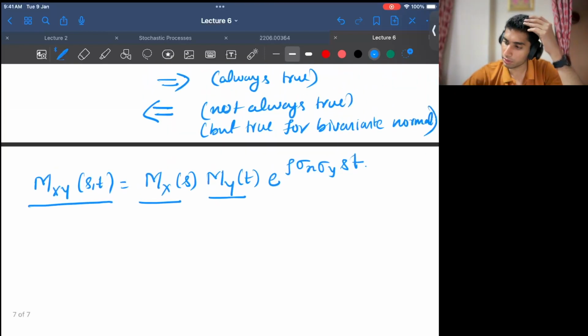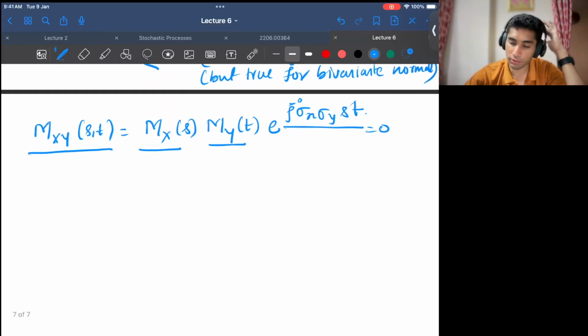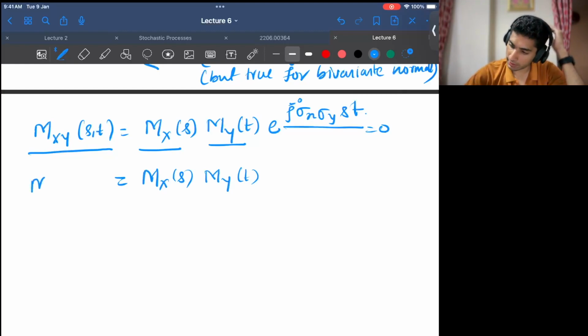Now, if rho is equal to 0, the exponent goes to 0, and e raised to 0 becomes 1. So this will become Mx of s times My of t, and this is Mxy of s comma t.